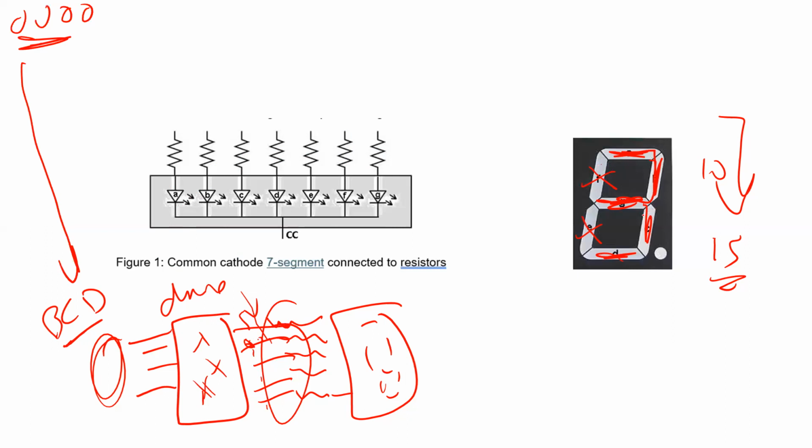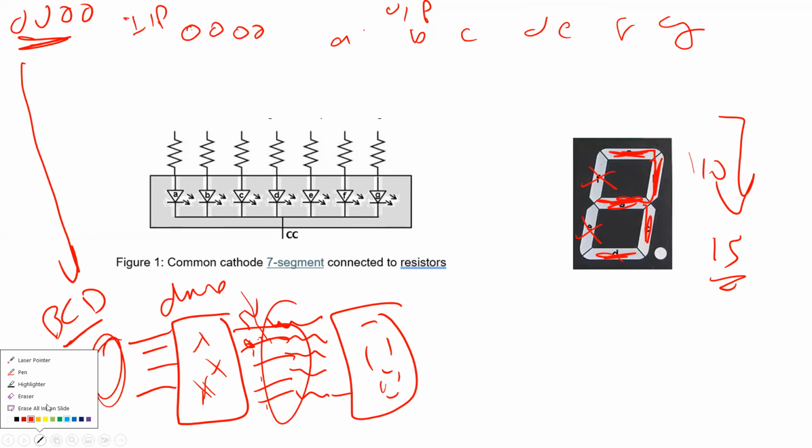If I want to make a truth table for this, forget the details for now, I'm going to teach it later in detail. This is the input, and the output should be A, B, C, D, E, F, G, the 7 segments I have.